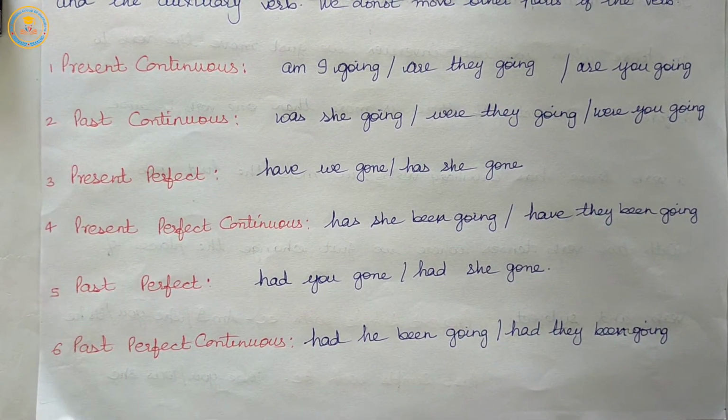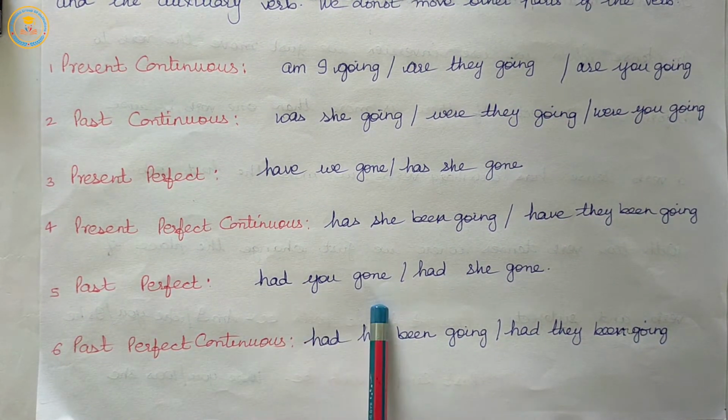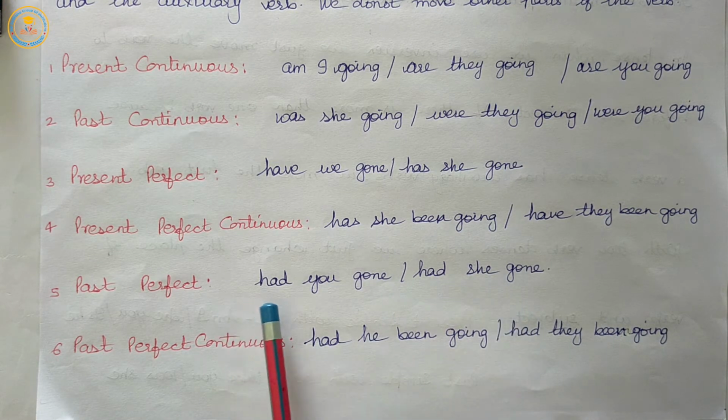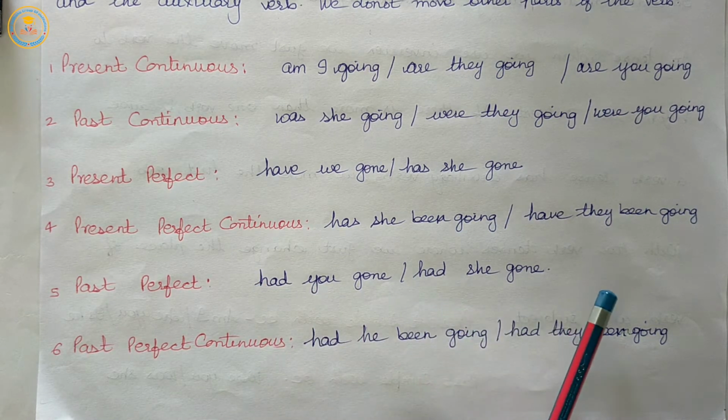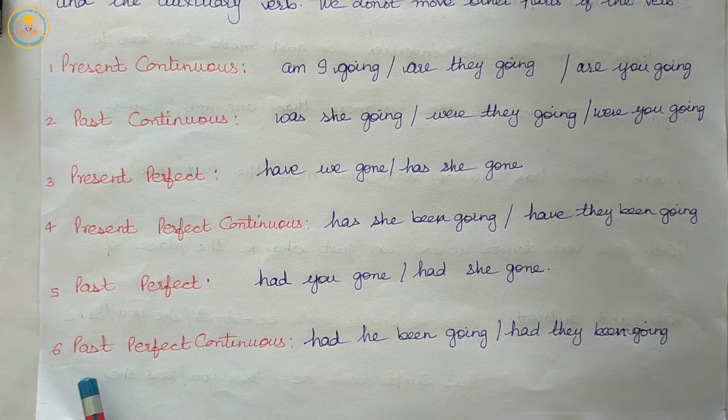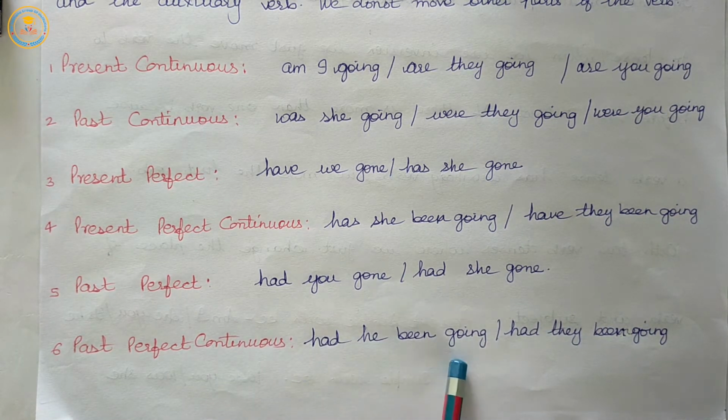Next, past perfect. In past perfect: had you gone? Had she gone? Had you sung? Had she sung? Had you taken the breakfast? Had she taken the breakfast? Past perfect continuous: had he been going? Had they been going?